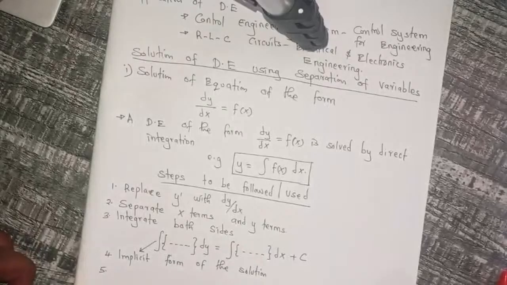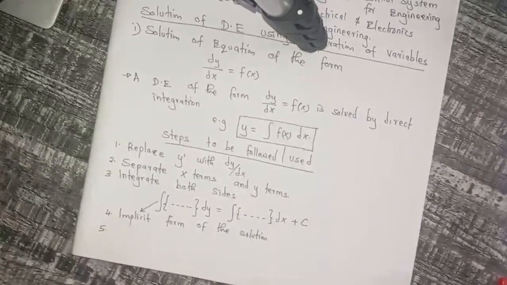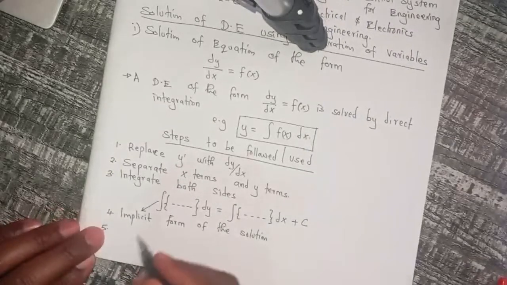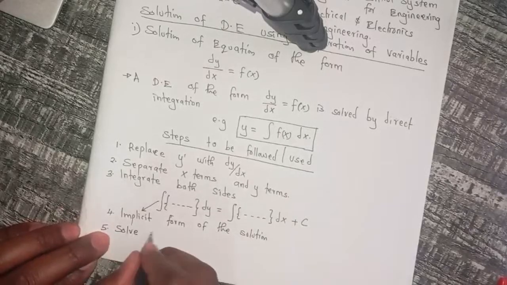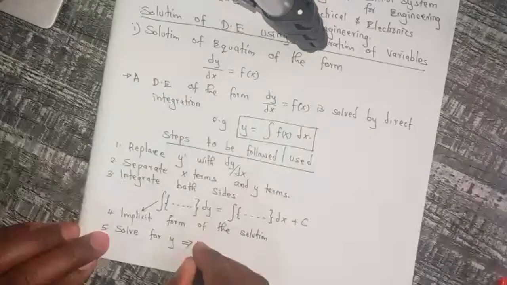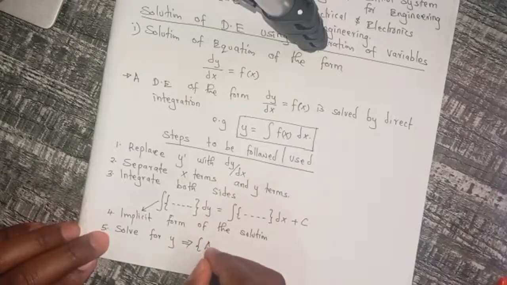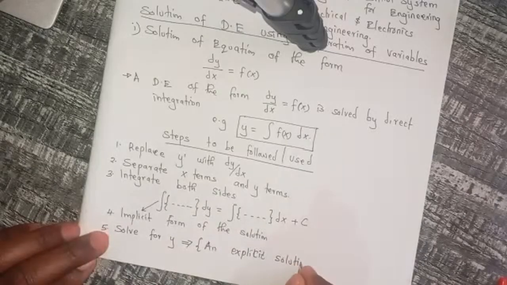Then number 5, you solve for y. This will give you an explicit solution.